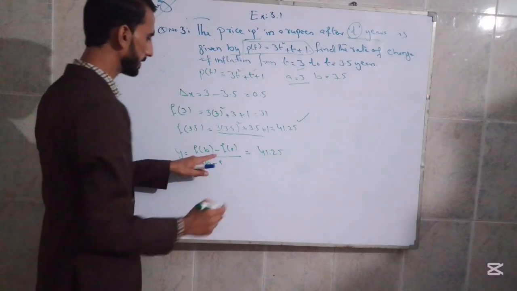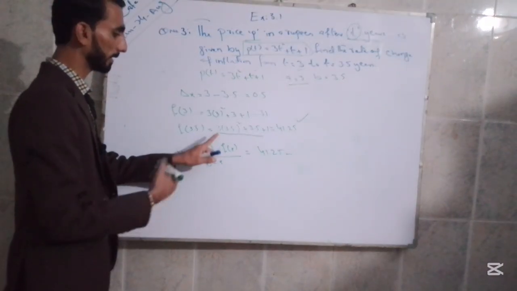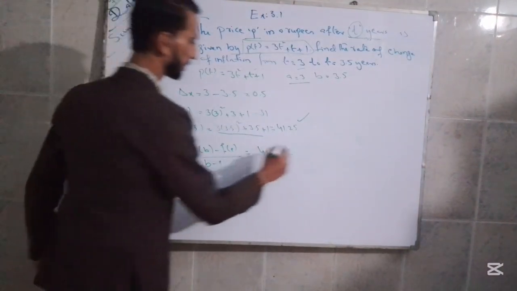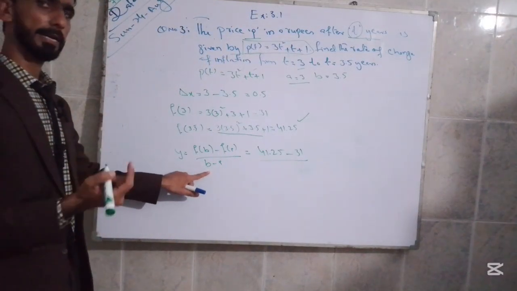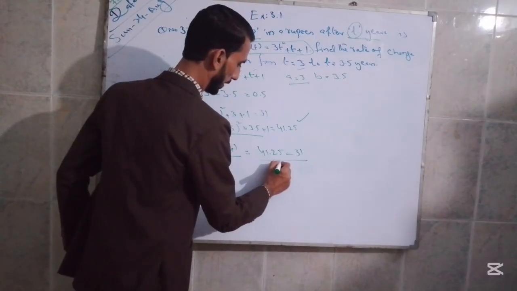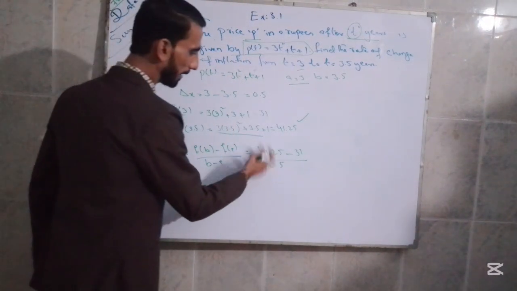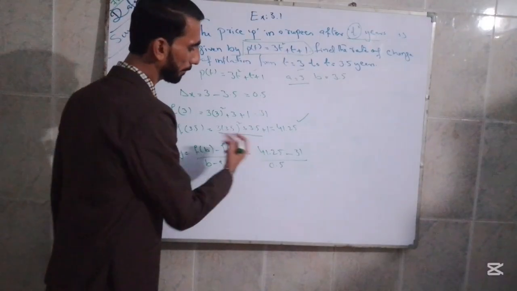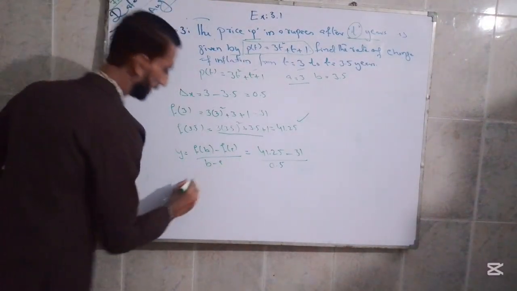Here is a minus. And the value of f of a we have already found is 31. Upon the difference of b minus a, which is 0.5. Now 41.25 minus 31 is what?